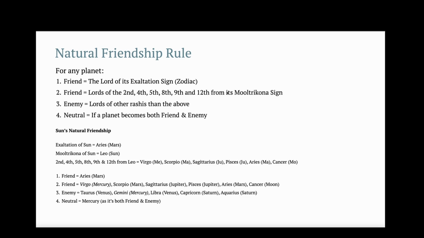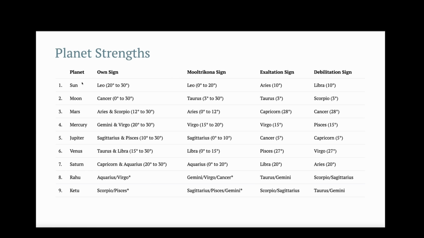So let's look into the natural relationship, or natural friendship rule. For any planet to have natural friendship, the first rule is that the lord of its exaltation sign is its friend. For example, the planet Sun is exalted in Aries, and the ruler of Aries is Mars.